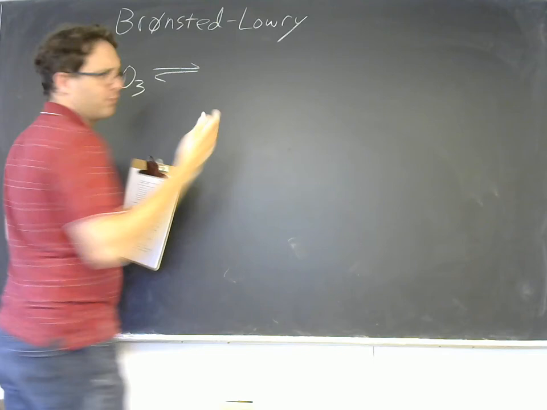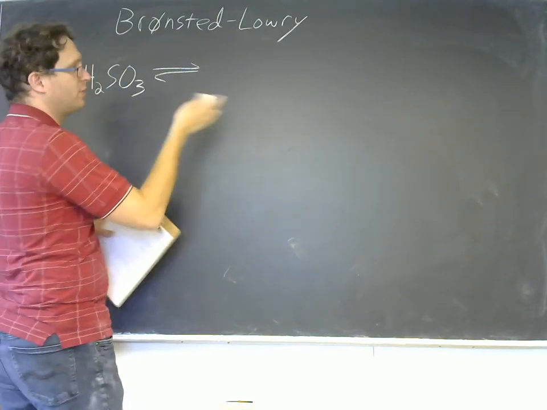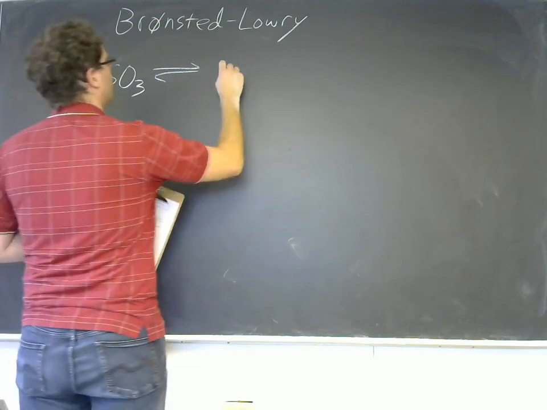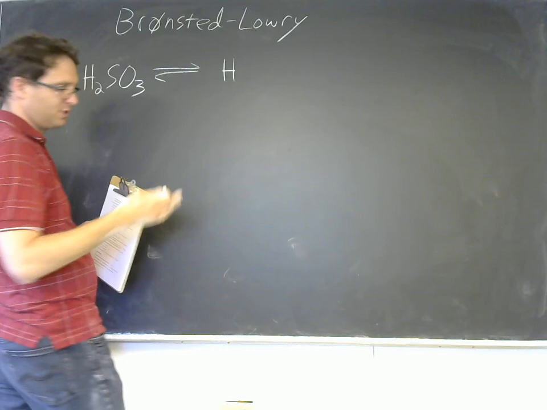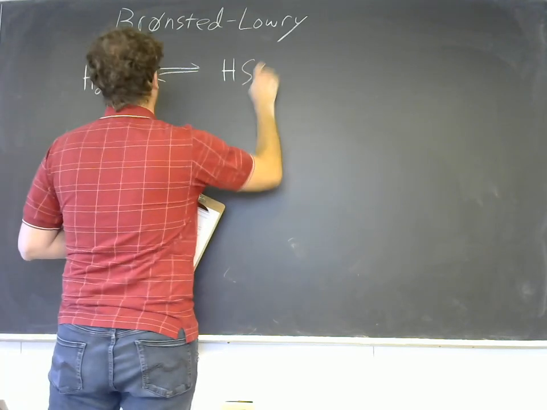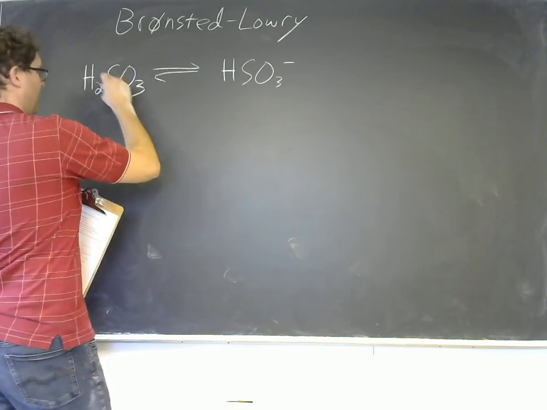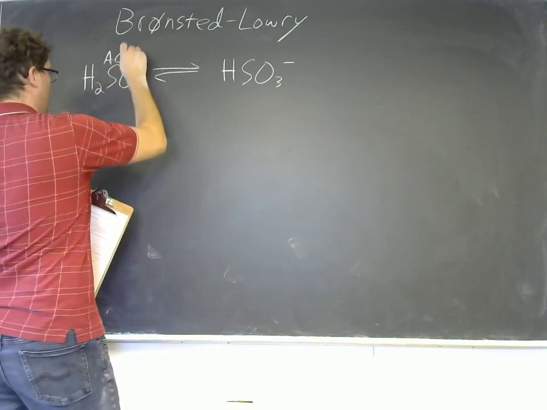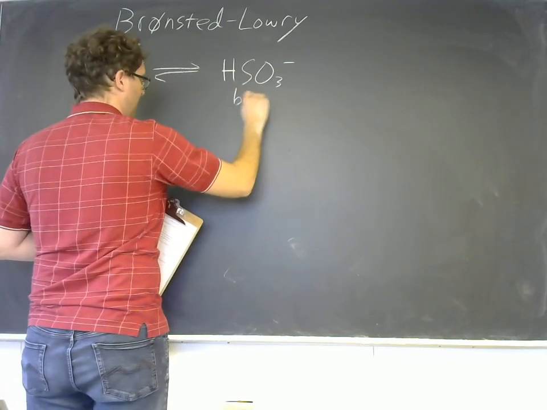And I won't write a full proper chemical reaction here. I'll just show the conjugate acid-base pairs. So H2SO3, what's its conjugate? It would be HSO3 minus. And so this is an acid, and here is its conjugate base.